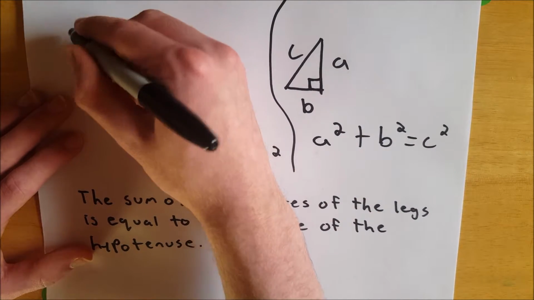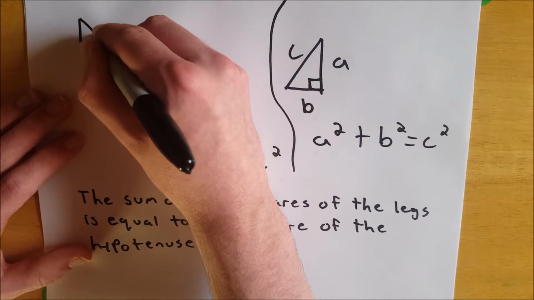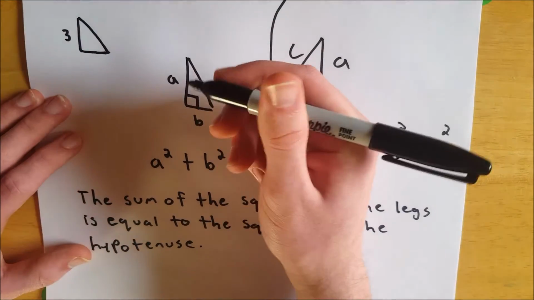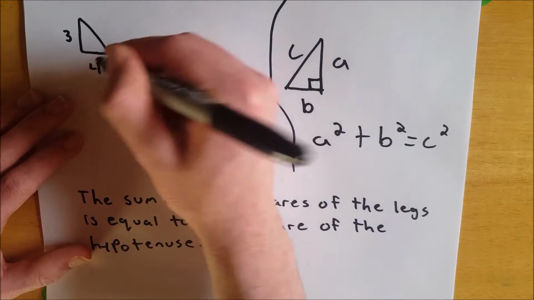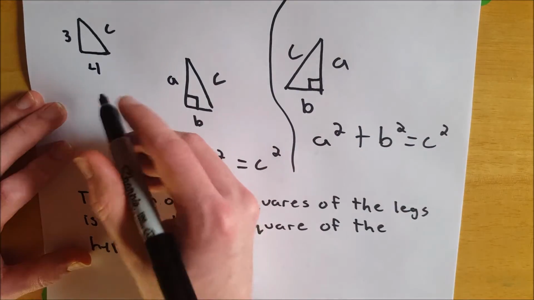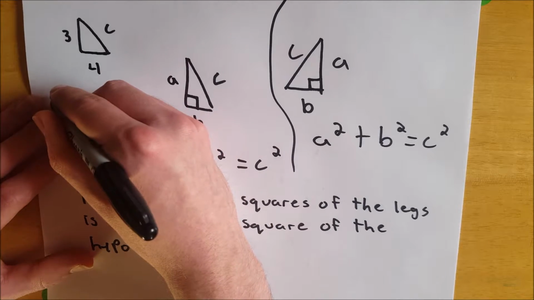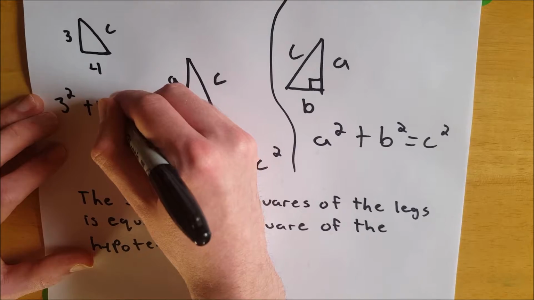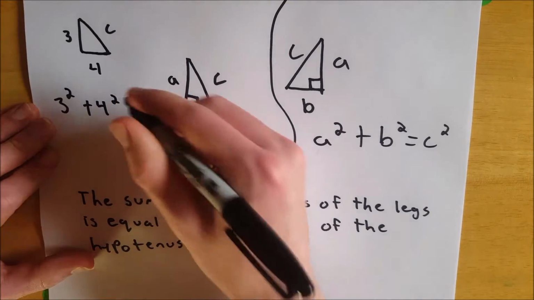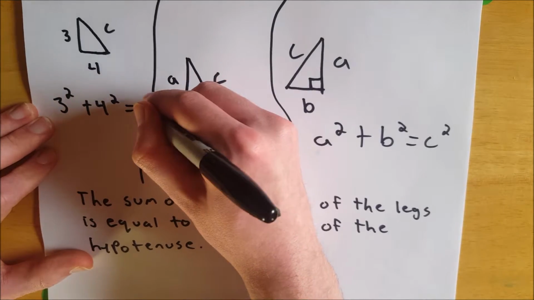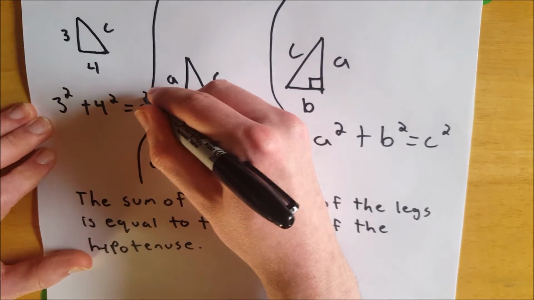So for example, I'll just do this up here. If we've got this right triangle here, suppose this side has a length of 3 units, this side has a length of 4 units, and this is your C, your unknown. Using the Pythagorean theorem, we know that 3 squared plus 4 squared, that's the sum of the squares of the legs, equals, I'll just divide this here, equals the square of the hypotenuse, which is c squared.